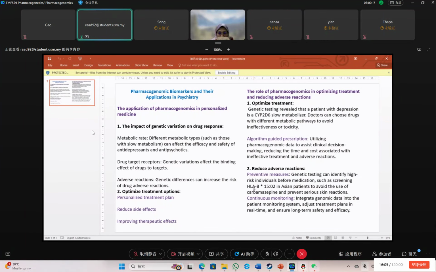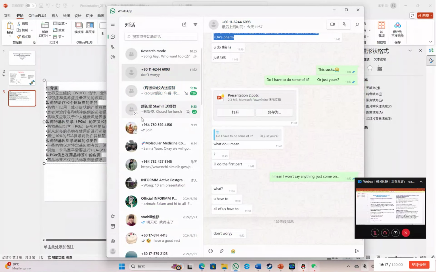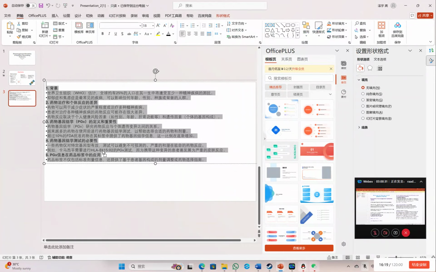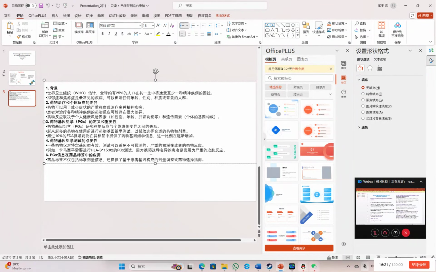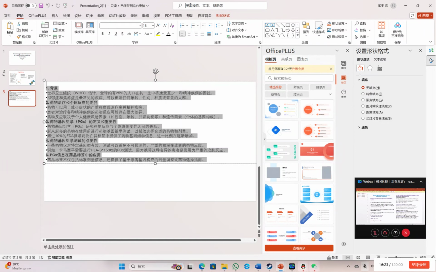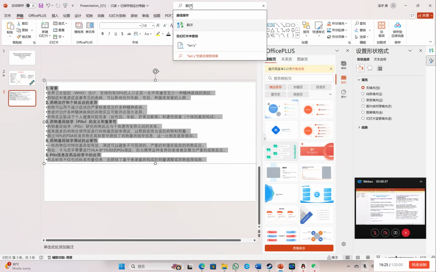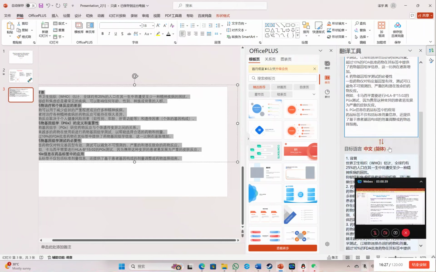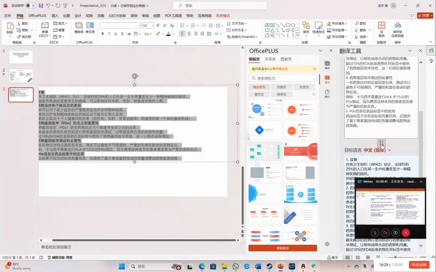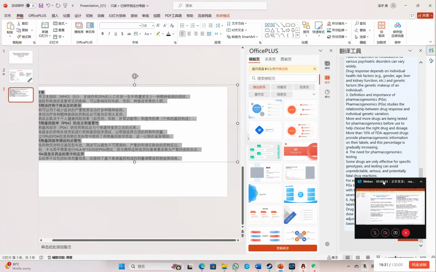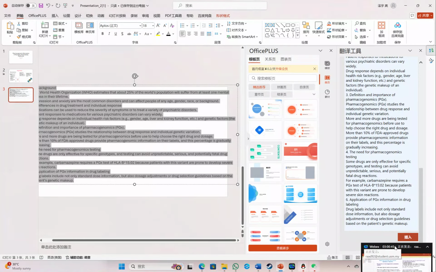Algorithm guide the precision, utilize pharmacy data in clinical decision making, reduces the time and the cost associated with the efficiency treatment. Adverse reaction prevention and continuous monitoring.